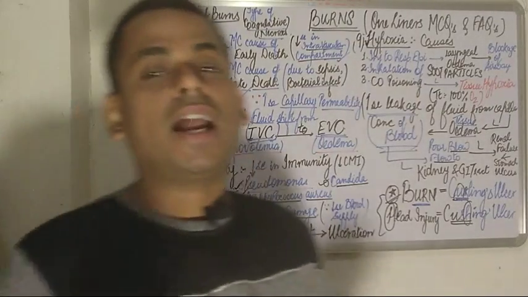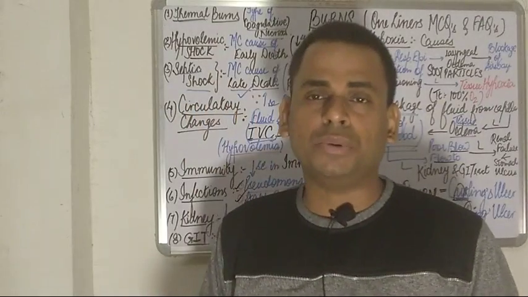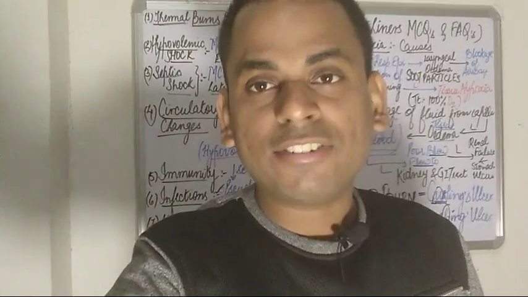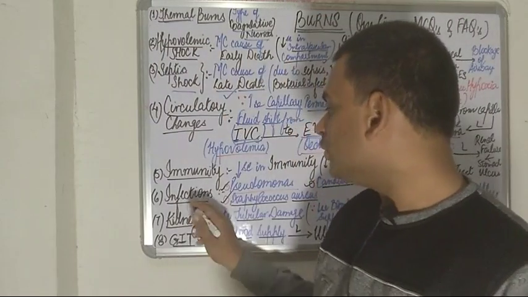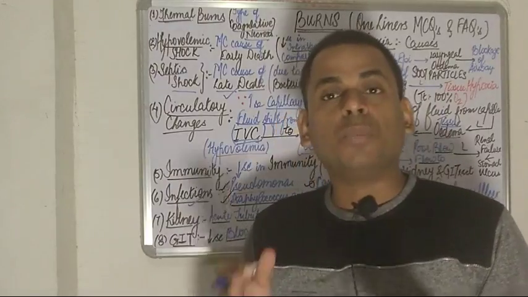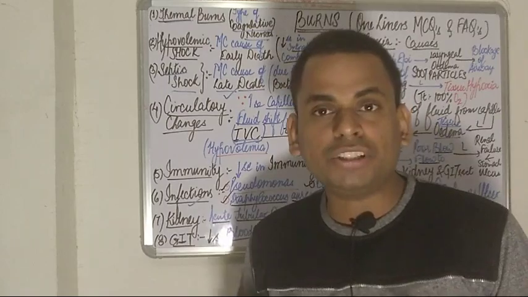Moving on to another very striking and important MCQ, the most frequently asked question is about the infections. What are the typical infections and what are the causative organisms which affect patients of burn?